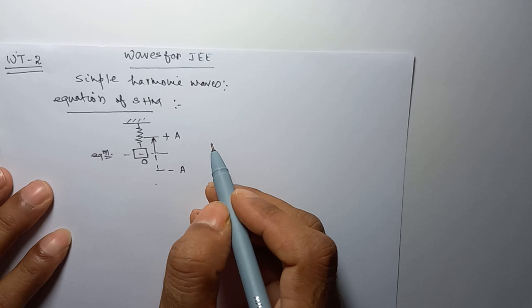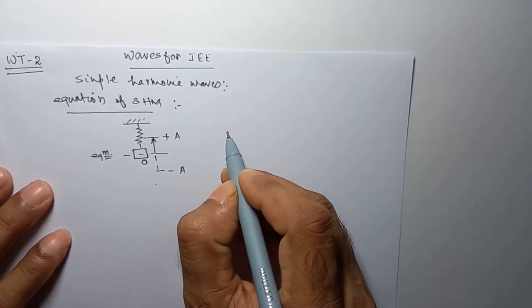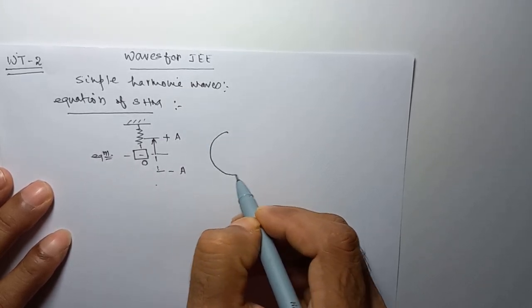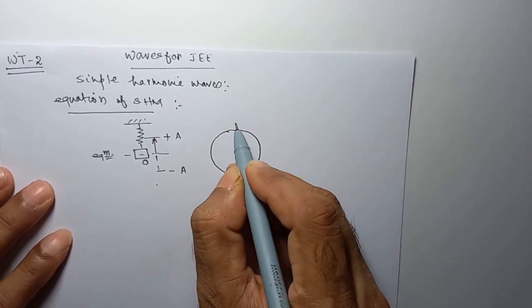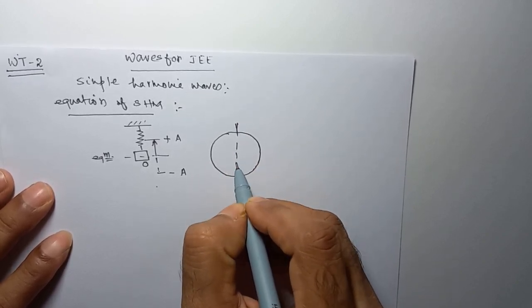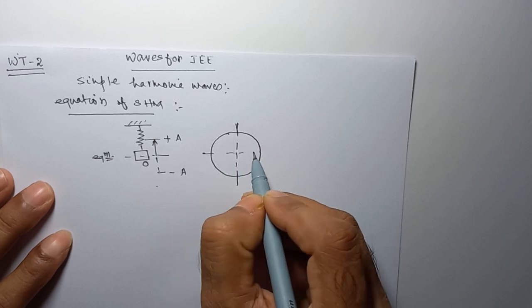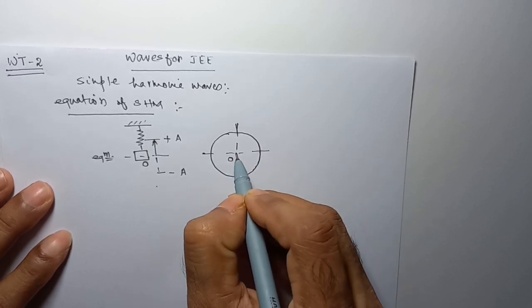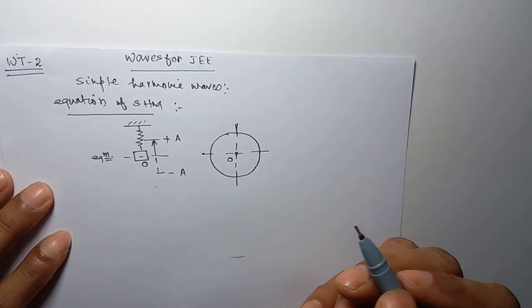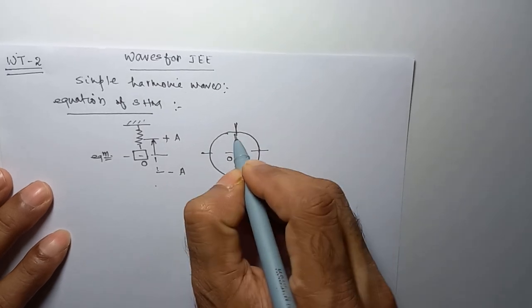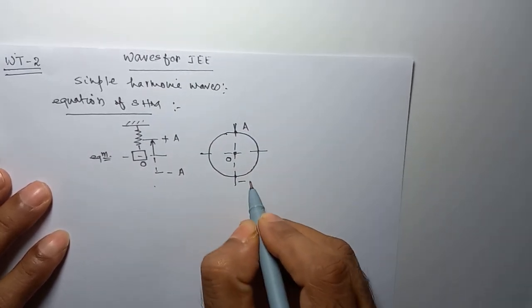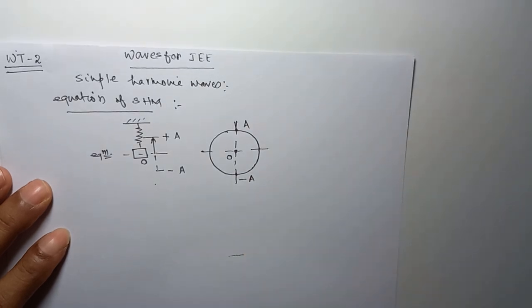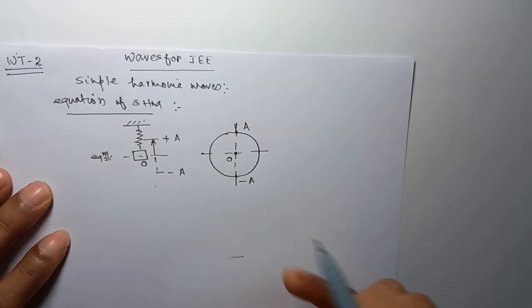If I project on uniform circular motion, this is the equilibrium position or the mean position, and I take the positive amplitude upwards, so down will be minus A, negative amplitude, two extremes, positive and negative.